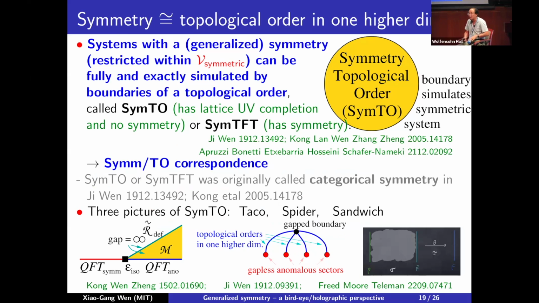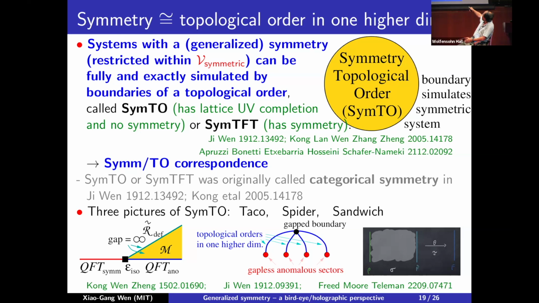What does that really mean? It means the following. When you have a symmetry, you can restrict yourself to the symmetric subspace. Then the dynamics within the symmetric subspace is completely and exactly simulated by the boundary of a topological order. And this topological order is described by this braided fusion category.